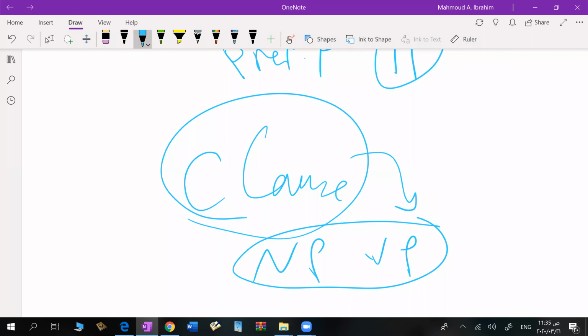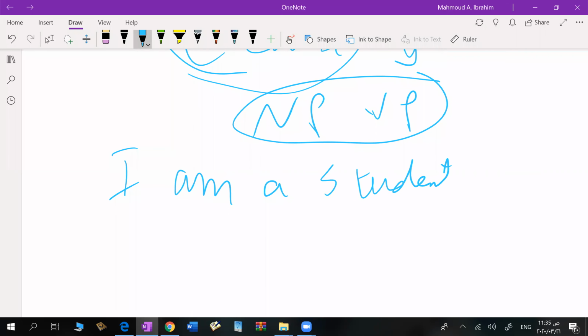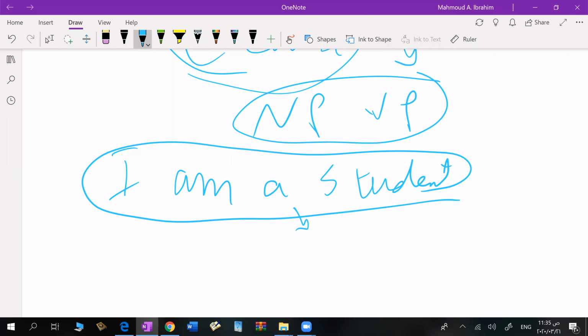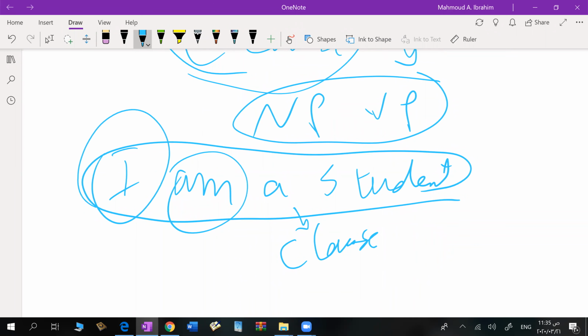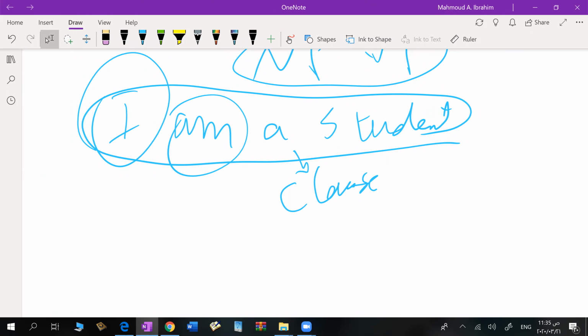So sometimes the whole sentence is one clause. For example, when you say, I am a student, this sentence is one clause, because it has only one noun phrase and one verb phrase, a subject and a verb. But sometimes the sentence may contain two clauses or maybe more.